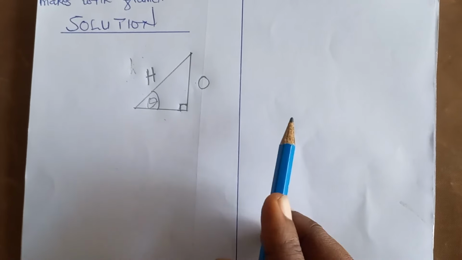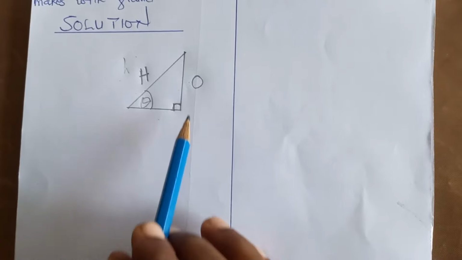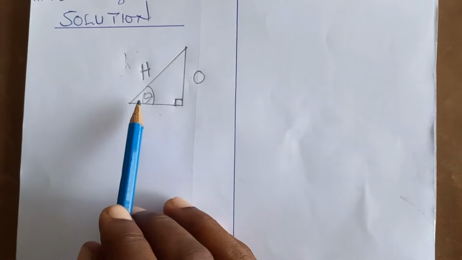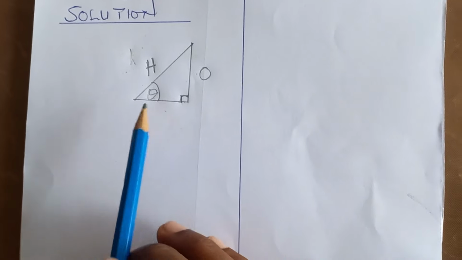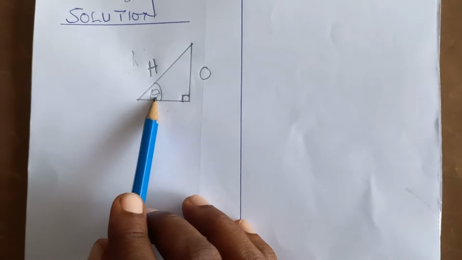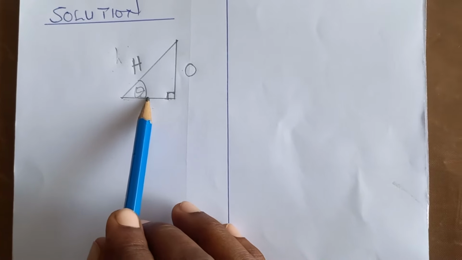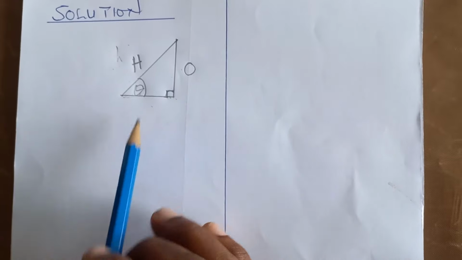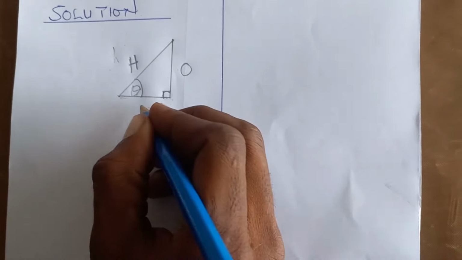Now you can see that the 90 degrees, which is this, and the theta both lie on the same side, the same line. So we call it adjacent.